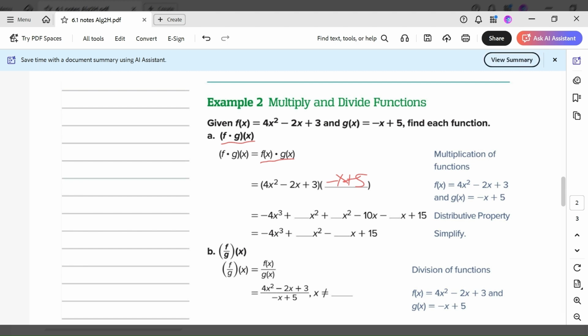At this point, I'm actually going to the side because I'm going to use the box method. So we have our 4x squared minus 2x plus 3, and we're multiplying it by our negative x plus 5. So let me erase that last line right down here.